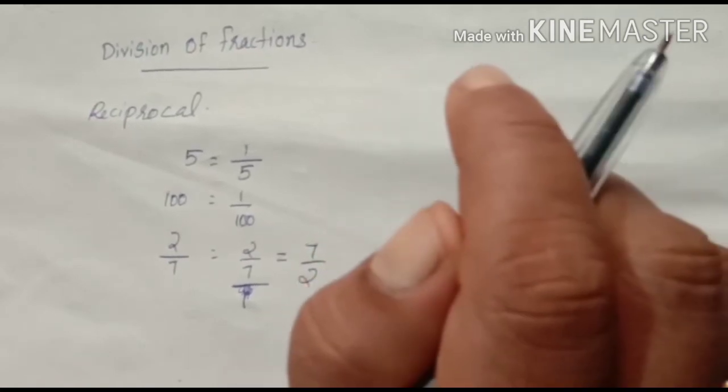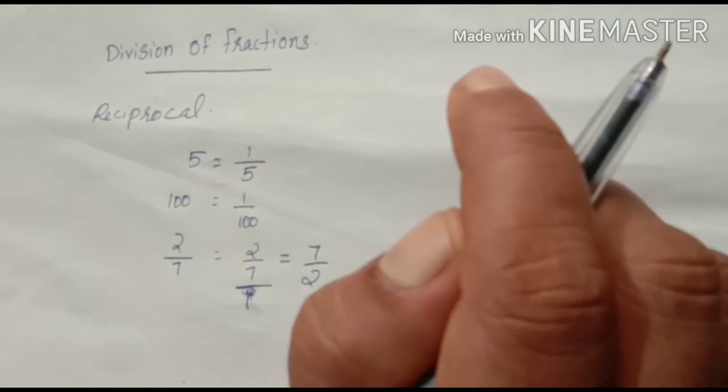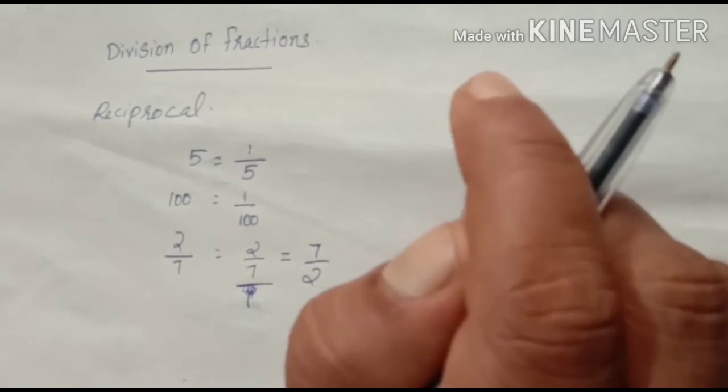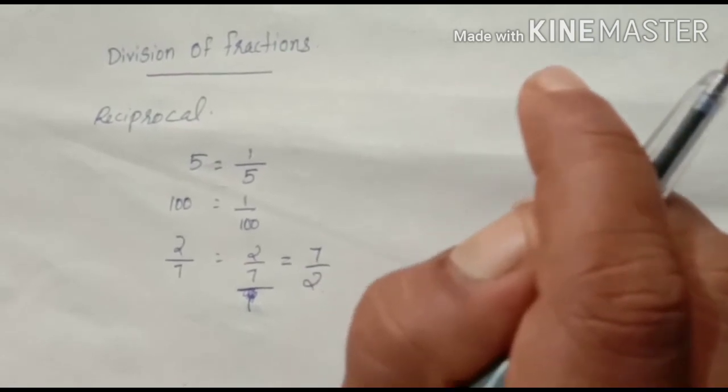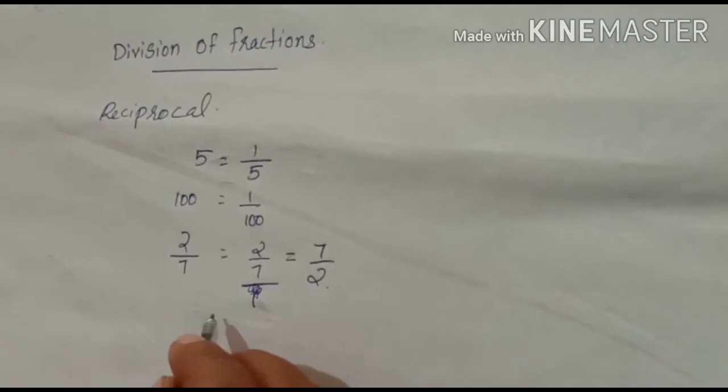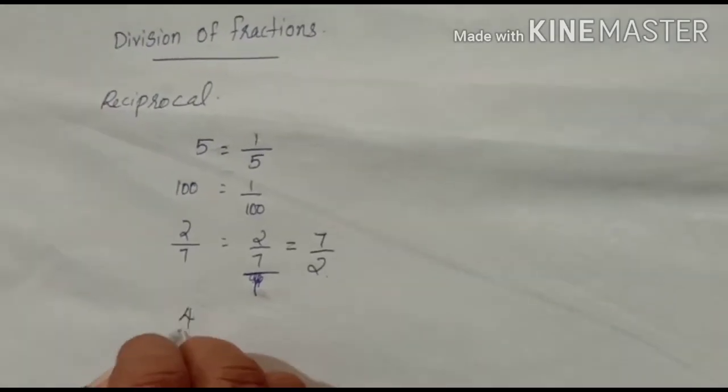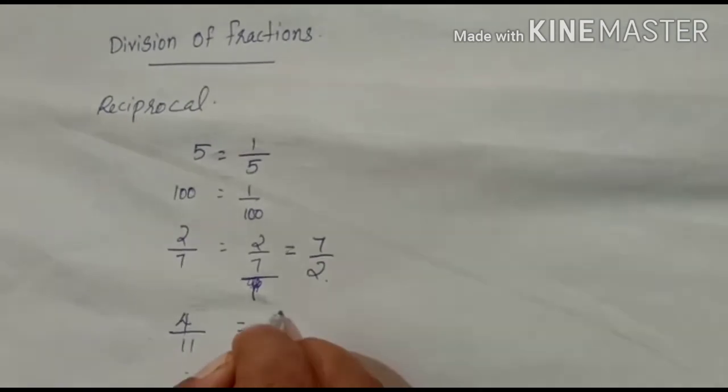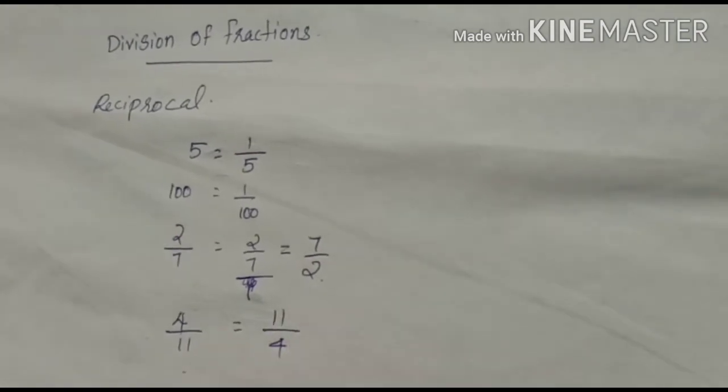The numerator will come as denominator and denominator will come as numerator. Okay. Then the reciprocal of 4 by 11 is equals 11 by 4. Clear?